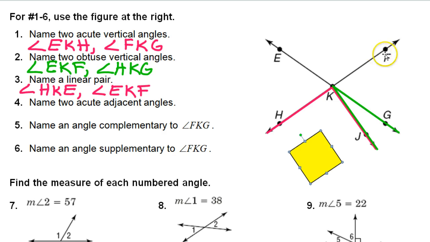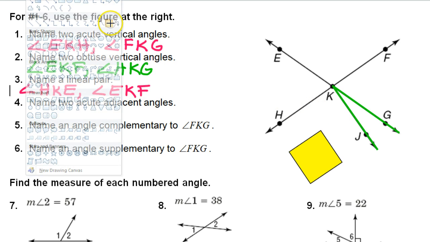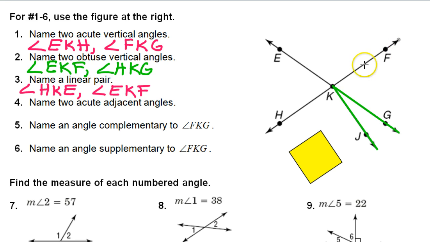So it's all about the green one and this one over here. This pink one, that's a no-go. That's 90 degrees. That's not acute. That's a right angle. Okay, so let me try that again, people. One more time.